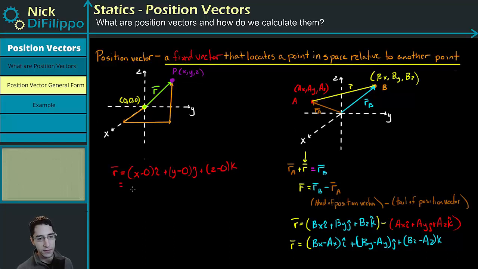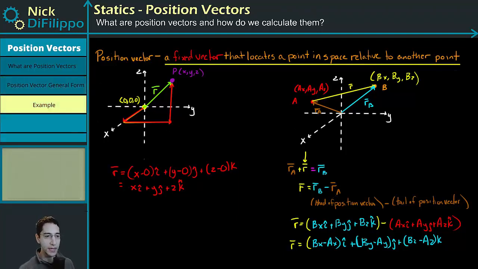And because it's 0, it just goes away. So we have xi plus yj plus zk. And that's exactly what we showed here. This is my x vector, xi. This is my y vector, yj. And this is my z vector, zk. So what we showed still holds with this general case.